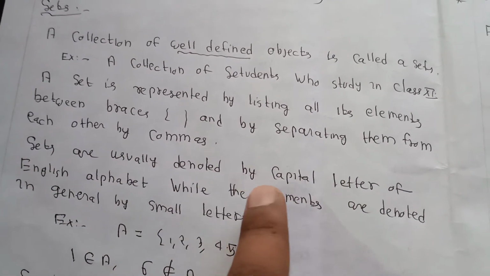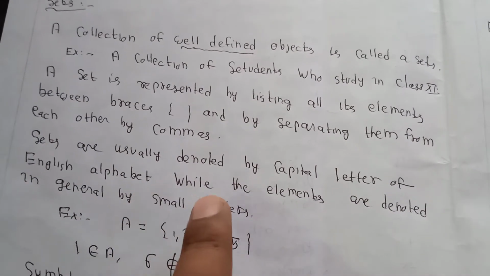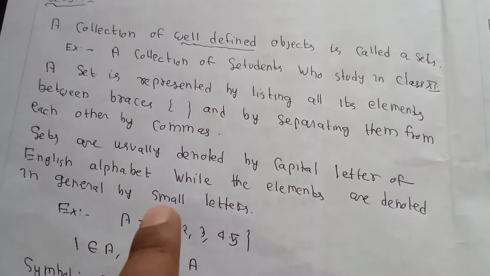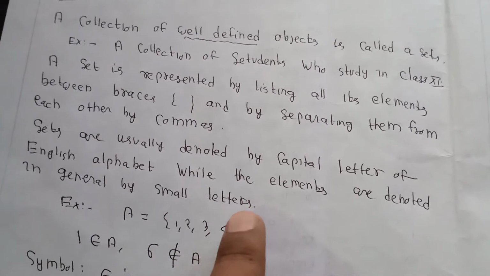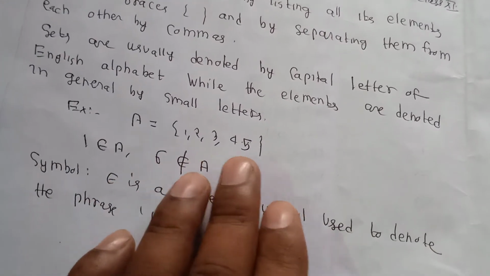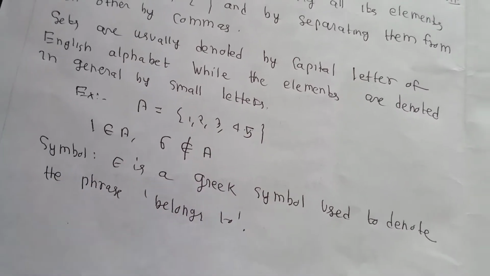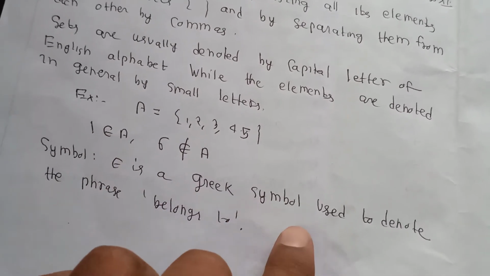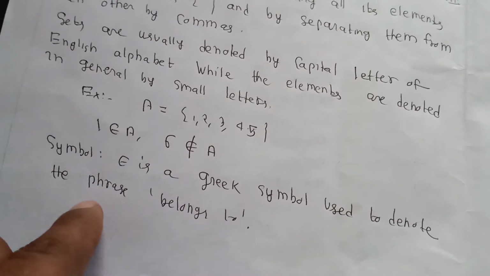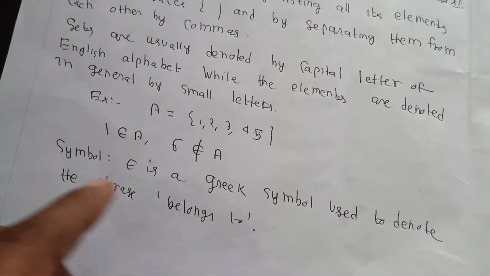Sets are usually denoted by capital letters of the English alphabet, while the elements are denoted in general by small letters. For example, if A is 1, 2, 3, 4, 5, then 1 belongs to A, 6 does not belong to A. This symbol is the Greek symbol which denotes the phrase belongs to.